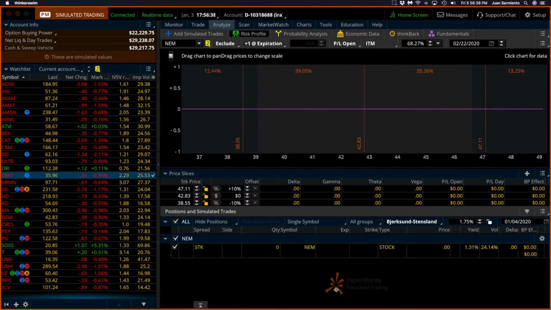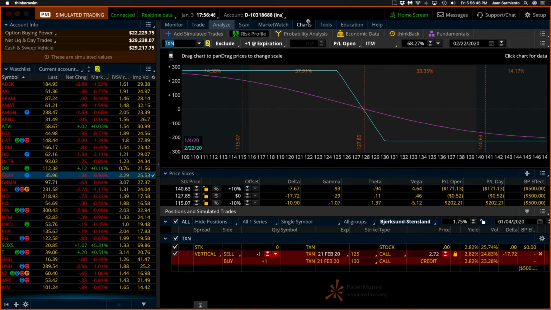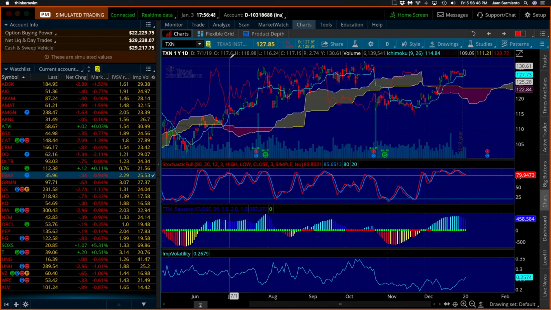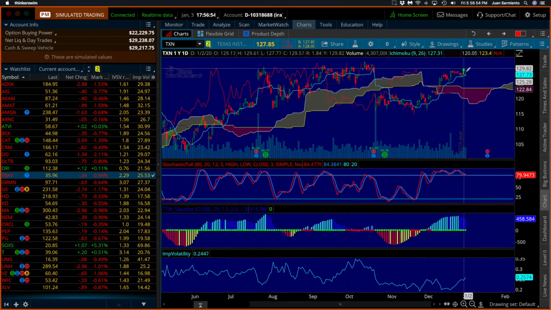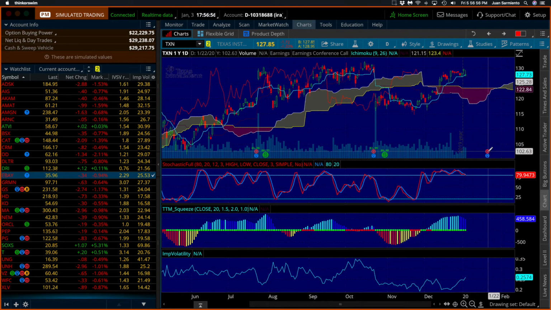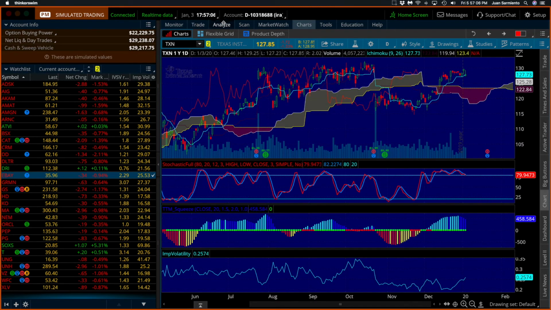And finally, the last one here is TXN, Texas Instruments, indeed. They have earnings. So when earnings are coming up, we want to be nimble. Only stay over earnings if you haven't made any money and you think that the stock could take it.